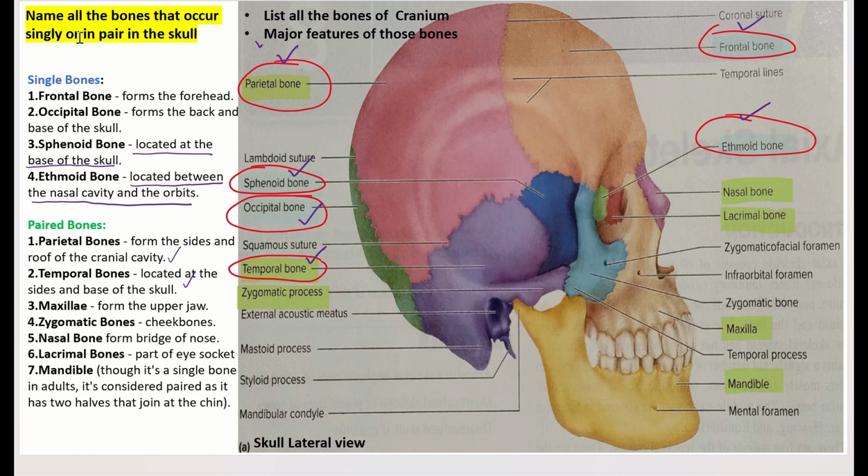Apart from these six bones, there are some minor bones, or features of these bones.